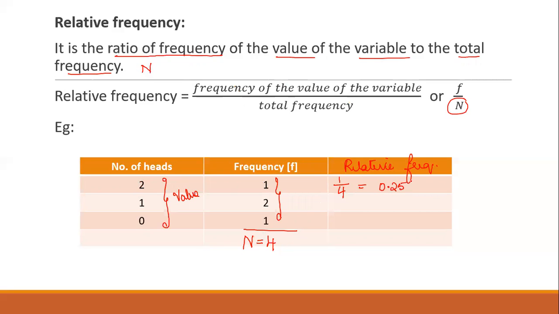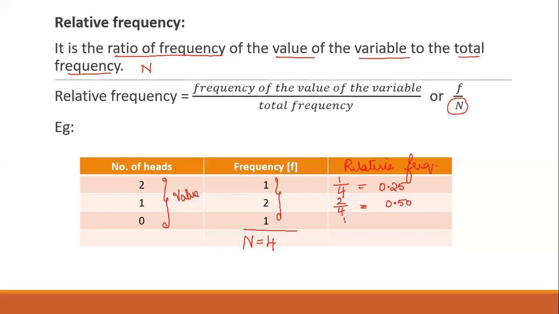Second one, 2. We are not considering any width, nothing. We are focusing only on the frequency. Here we find the relative frequency. So here you will get a ratio between the frequency and the total frequency. So 2 divided by 4 will give you 0.50.